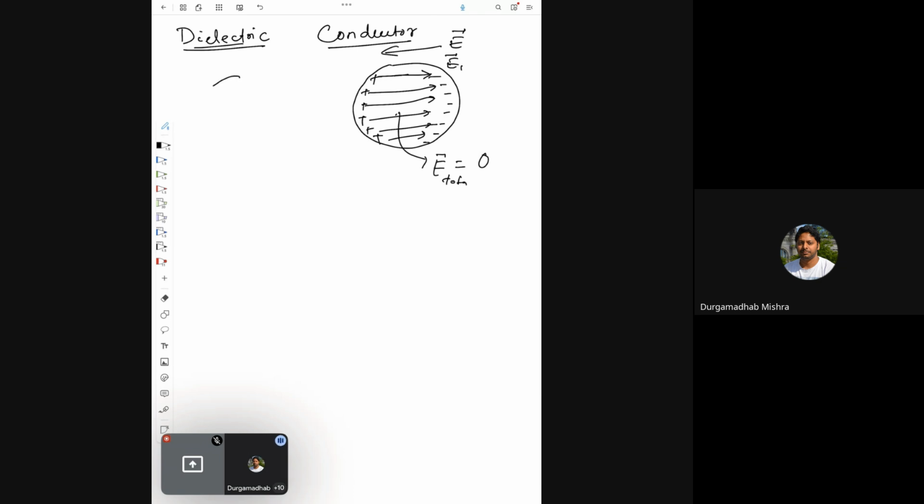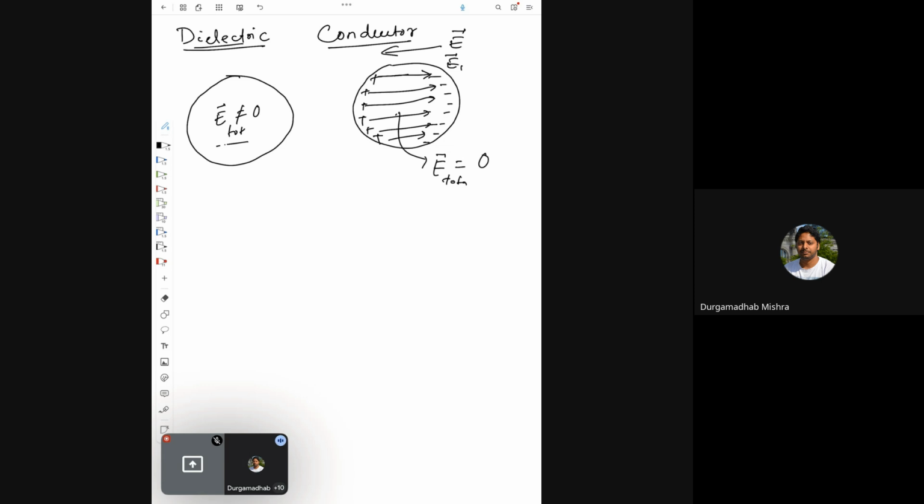But this situation will be different for a dielectric. So this E total is not always zero, or rather, definitely it is not zero. Why does it happen? For that, we will look at a simplistic model, and we will look at a single atom and see how an atom will respond where there is no free electron, no free charges.